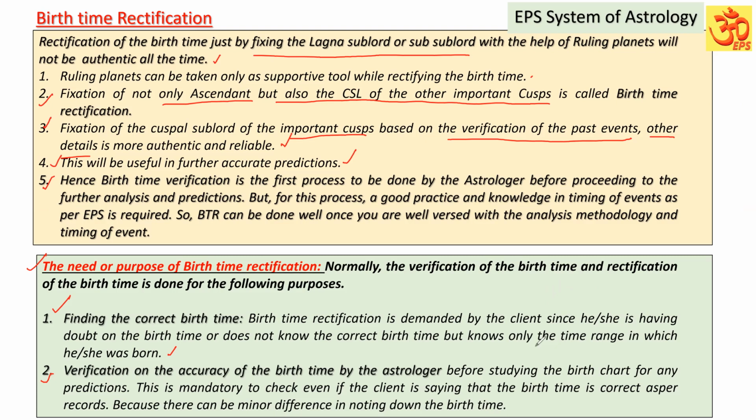So there can be some difference in the birth time by a few minutes, 1 or 2 minutes. Even in the present period, there are chances of seconds or 1 or 2 minutes difference in noting down the birth time. So it's our duty to verify the accuracy of the birth time, even if the given birth time as per record is correct. I hope you have understood.